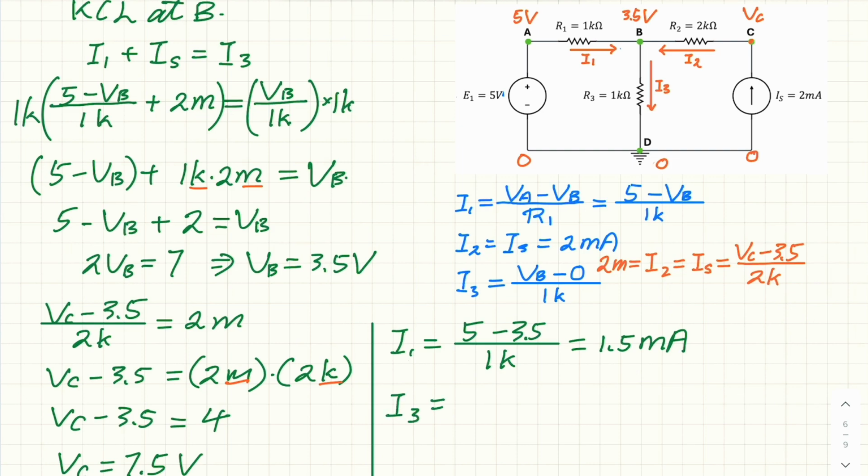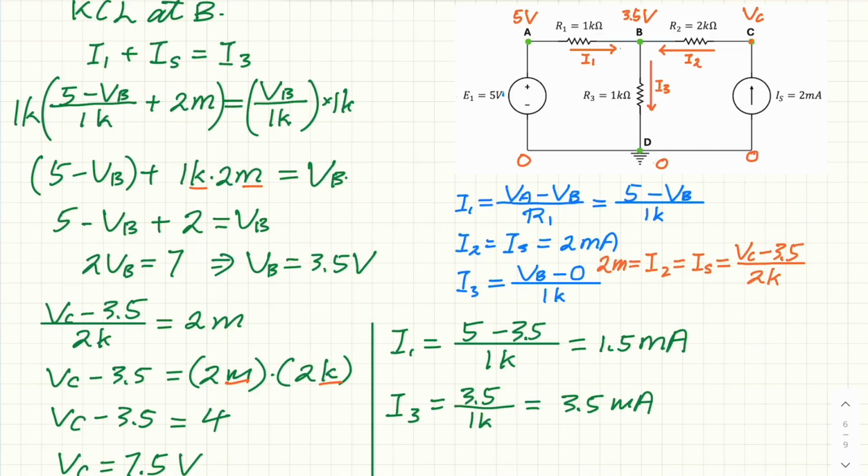I3 is equal to the potential at B, which is 3.5, over the resistance of R3, which is 1K, and we got 3.5 milliamp. Now we can verify the KCL.